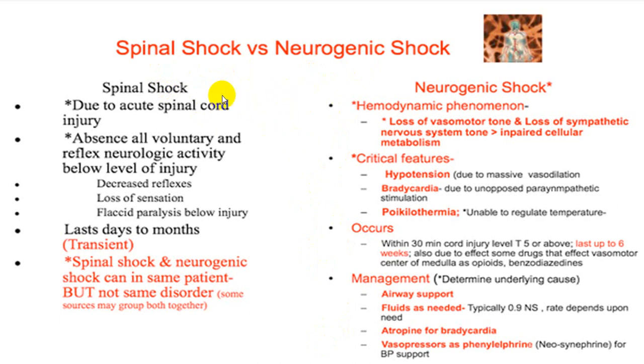You can have both together or only spinal shock, but neurogenic shock is because of loss of vasomotor tone and loss of sympathetic tone. Those two produce the hemodynamic signs like hypotension, bradycardia, and inability to regulate temperature. If it persists for a longer period, you will require airway support, fluid balance, atropine, and vasopressor drugs.